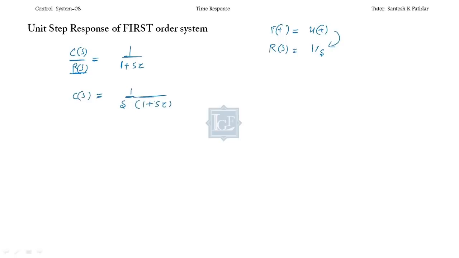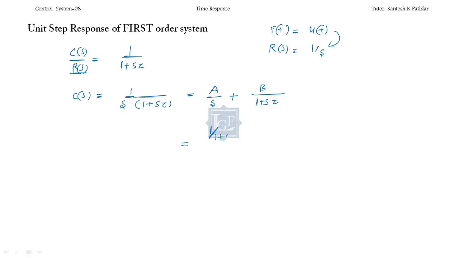Am I right? Now please take the partial fraction of these two terms. This will be A divided by s plus B divided by (1 plus s tau). Let's find the value of A. The value of A will be 1 divided by (1 plus s tau) where you put the value s equal to 0 over here.